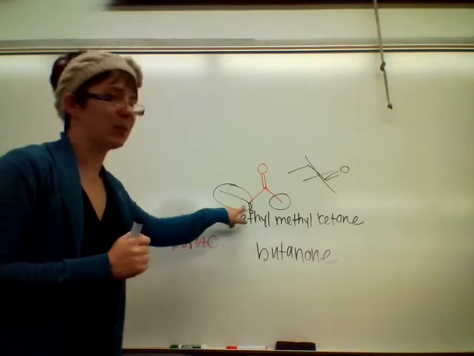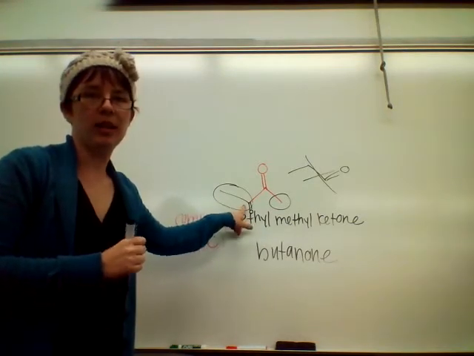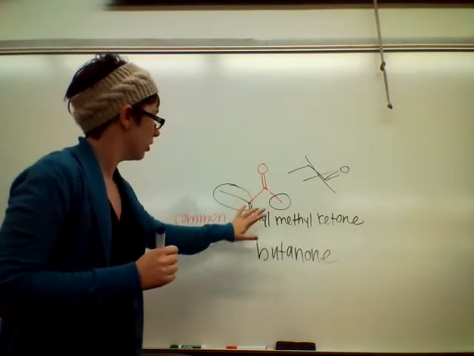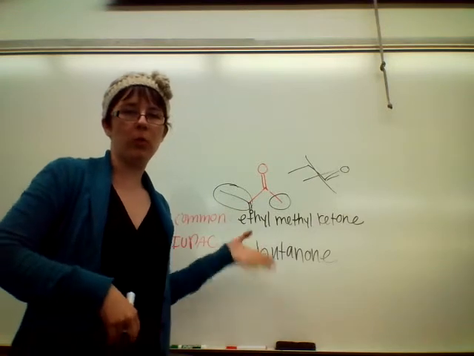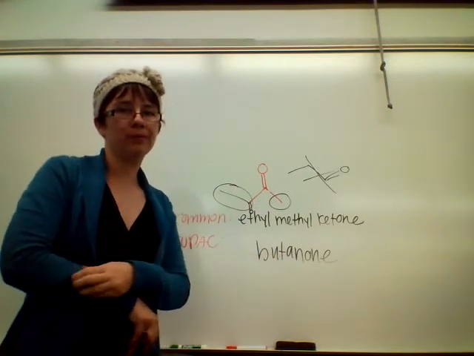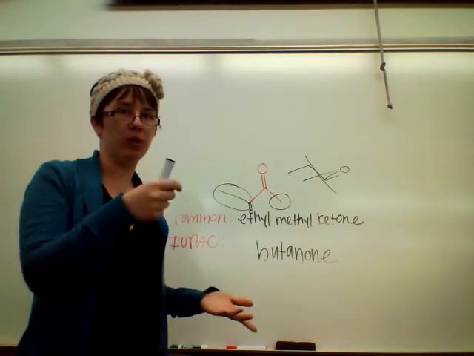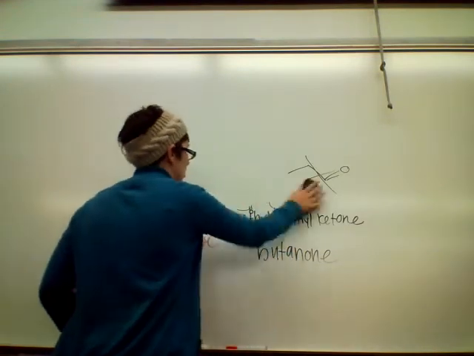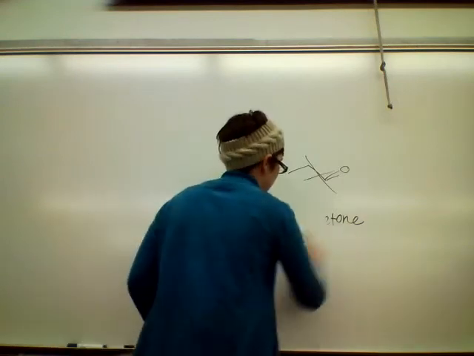If we count from this way, that's still carbon 2, isn't it? So since either way it's on carbon 2, you can only have butanone with a carbonyl on carbon 2. Therefore, we don't need to specify 2-butanone. Okay, cool.